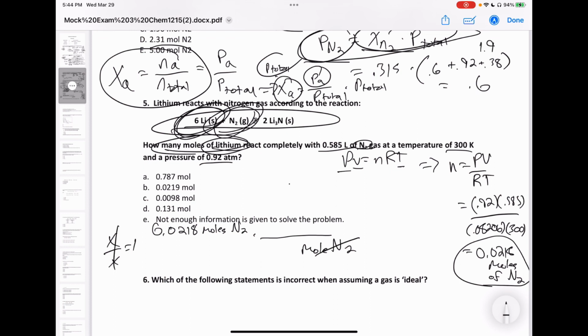That's the same thing that's going to happen here. So the coefficient in front of the N2 is going to be 1. So 1 mole of N2 goes along with 6 moles of lithium. So that's just multiplying the moles of N2 by 6. And then you get 0.131 moles of lithium, which is answer choice D.